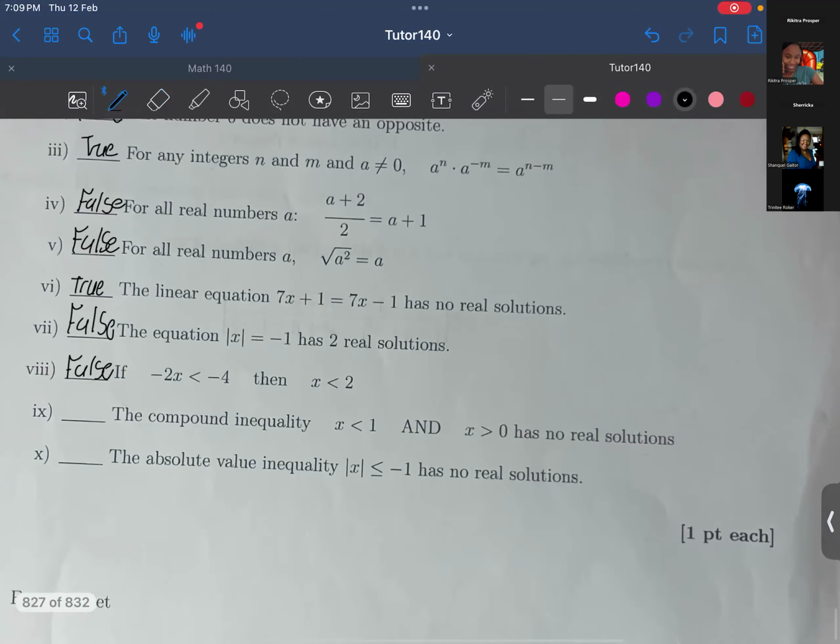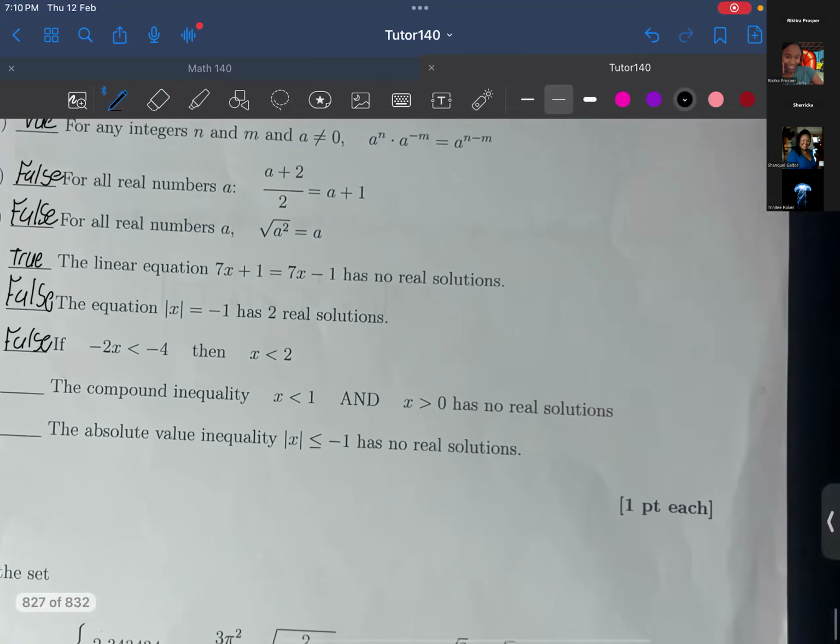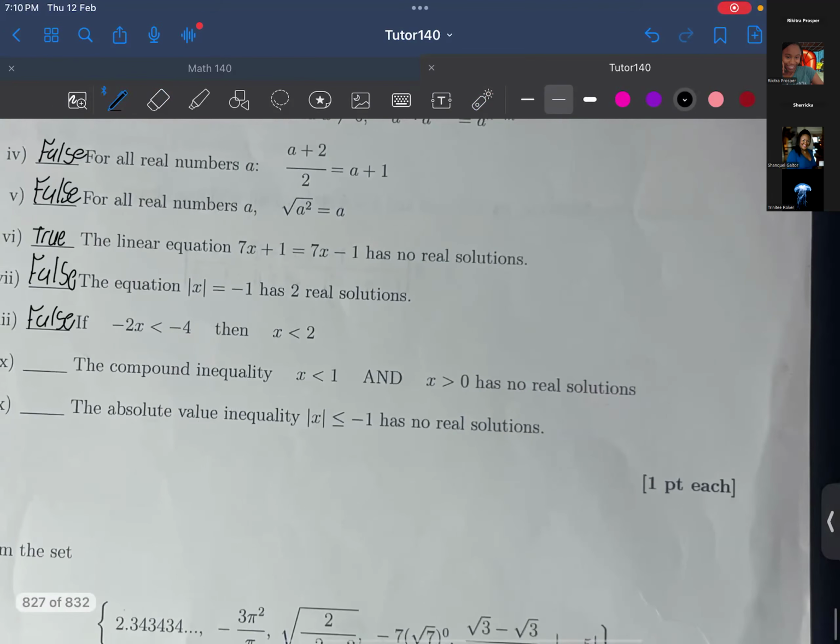Okay, the compound inequality x is less than 1 and x is greater than 0 has no real solutions. If I see something like this, I would just draw a number line and see. So let's draw our numbers. We have 0, 1, 2, negative 1, negative 2.